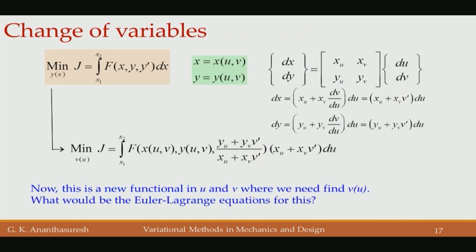When you do that, we have to go back to this equation that we had in terms of x and y and convert them to v and u. In fact, if I write du here, I should actually write u1 to u2, because u has taken the role of x now and v has taken the role of y.